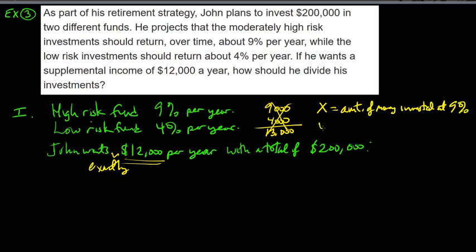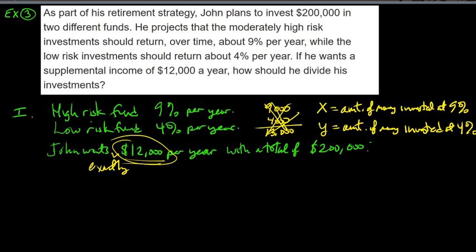And then Y will be the amount of money invested at 4% interest per year. So we know X is not 100,000, Y is not 100,000. That gives us too much money, if there is such a thing. We want exactly 12,000, no more, no less. Okay. So that's what we're looking for.